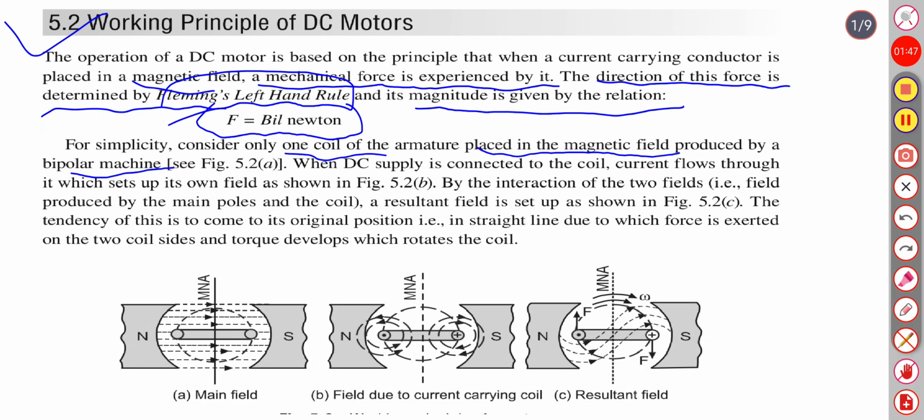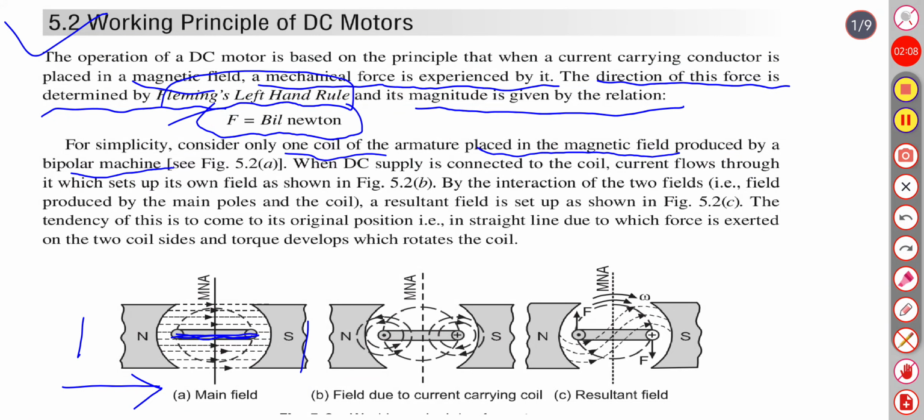So this is the N pole and this is the S pole. The direction of the magnetic field is towards the right. A conductor of length L is placed here.